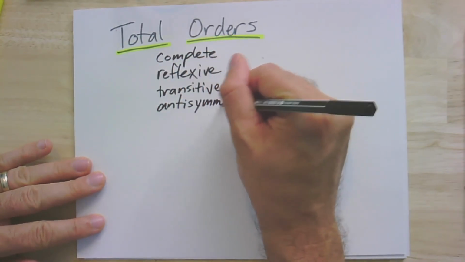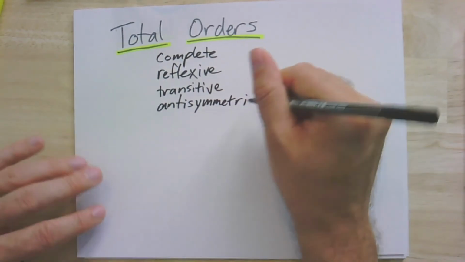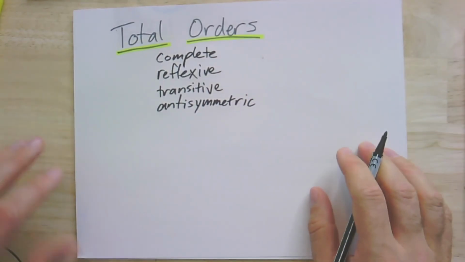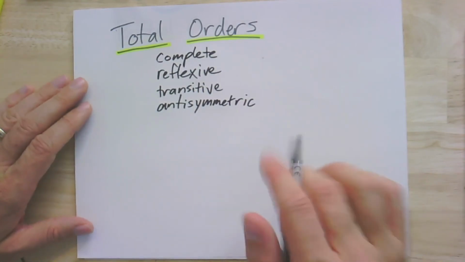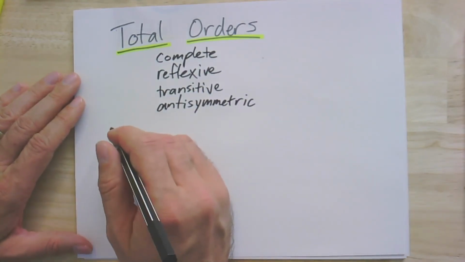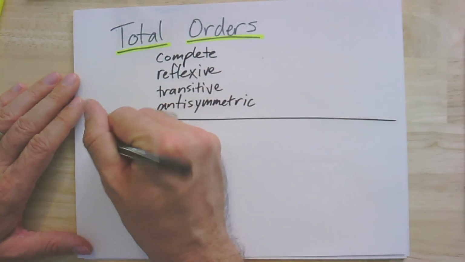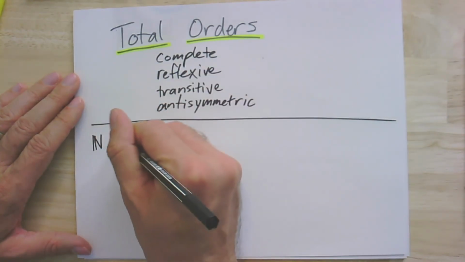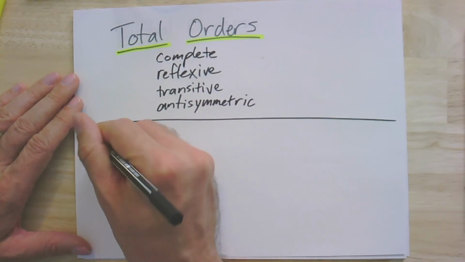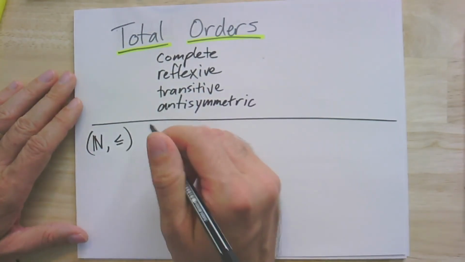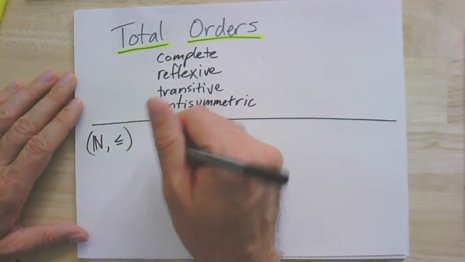This antisymmetry is capturing the ordering. The canonical example for this would be, let's again take the natural numbers with the less than or equal to relation. So it's definitely reflexive.